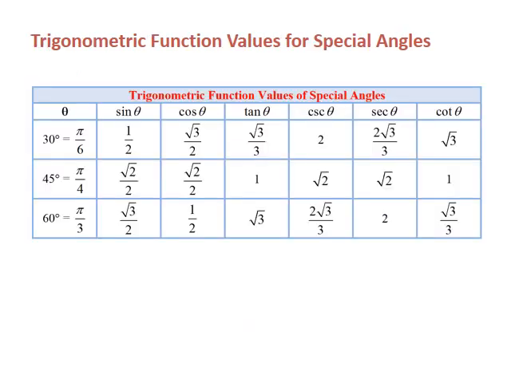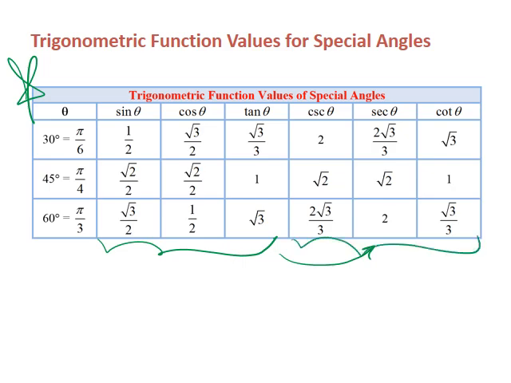On this slide here, it basically gives you all of the trig functions of the special angles. Quite honestly, if I were you, I would somehow memorize as much of this as possible. But remember, if you know sine, cosine, and tangent, you can easily come up with the other 3 trig functions.